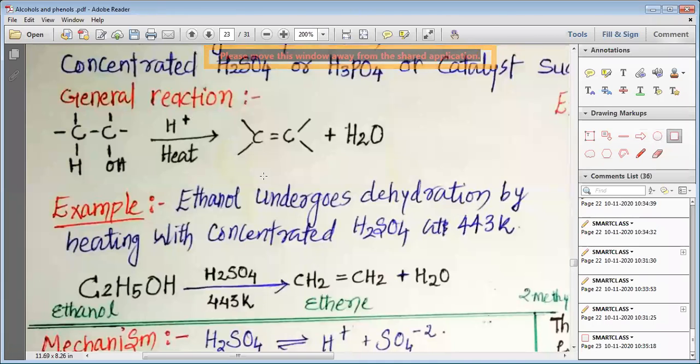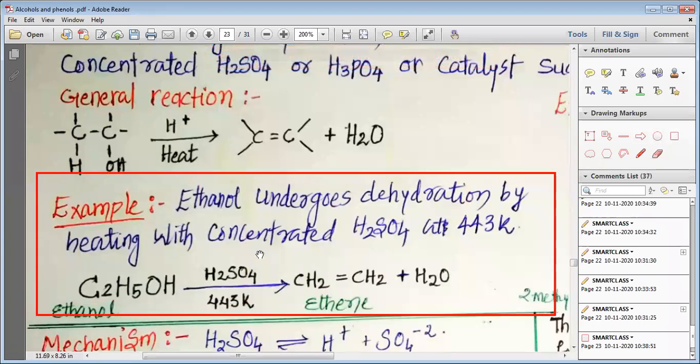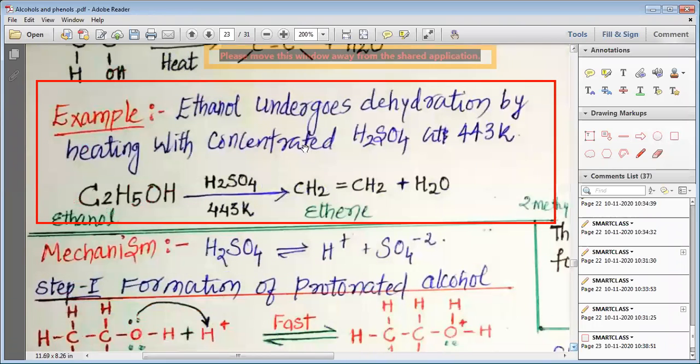Ethanol undergoes dehydration by heating it with concentrated sulfuric acid at 443 Kelvin. So you can see here, ethanol when heated in the presence of sulfuric acid, which is the dehydrating agent, at 443 Kelvin, we get ethene and a water molecule which is removed from the alcohol.